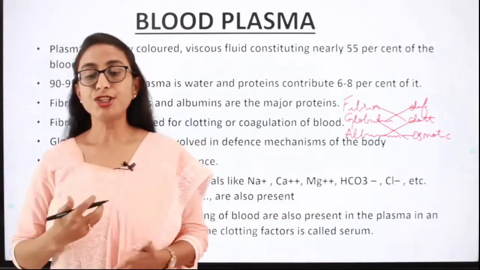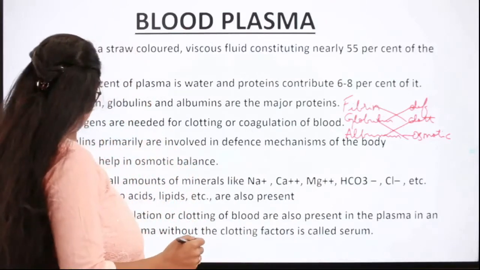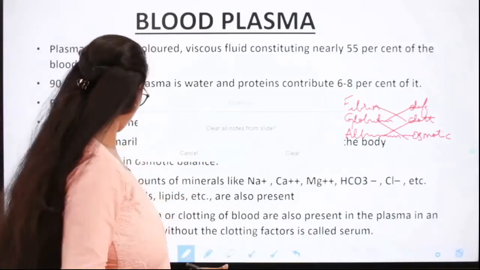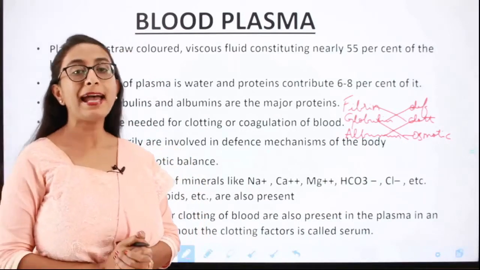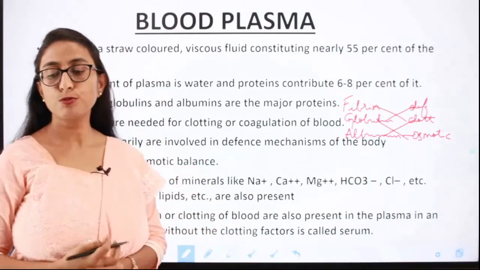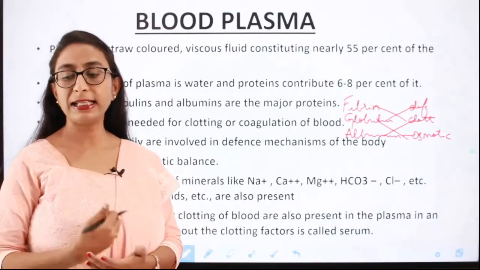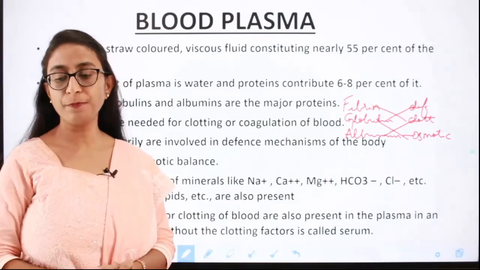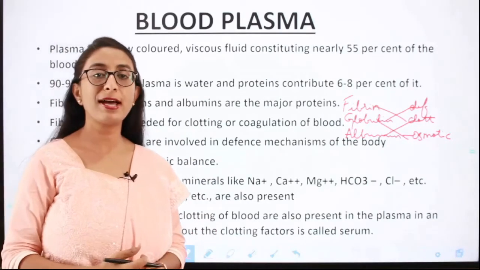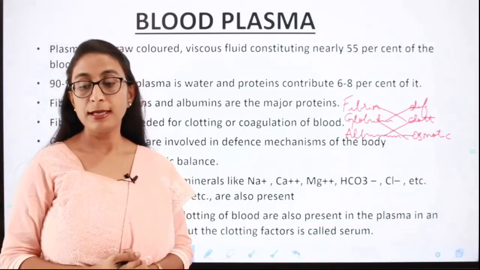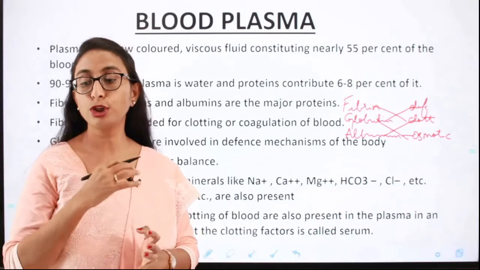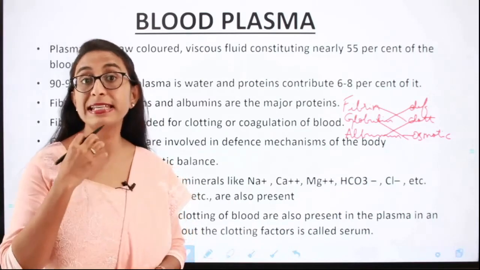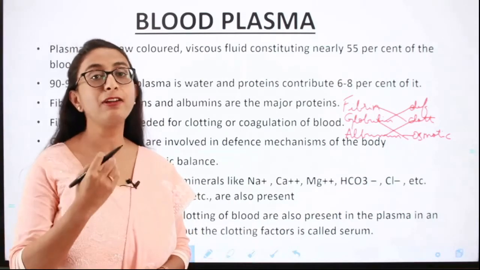In addition to these prominent proteins, that is fibrinogen, globulin and albumin, there are also small amounts of other minerals like calcium, magnesium, sodium, and also glucose, amino acids, lipids, etc. There are factors which are responsible for coagulation or the clotting of blood, which are present in the plasma in the inactive form.